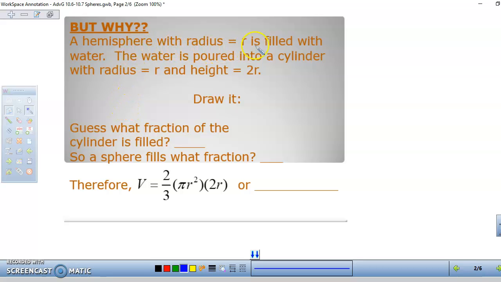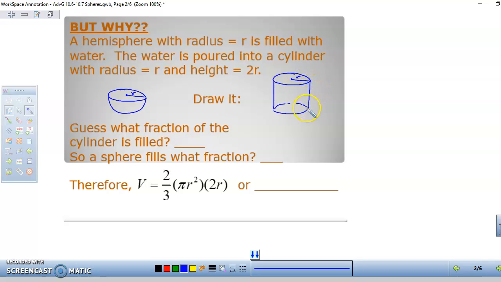If we have a hemisphere with a radius of r, so I'll just draw a hemisphere like that, and it is filled with water. So the volume is represented by the water. The water is then poured into a cylinder. So I'm going to draw the cylinder over here, also with a radius of r.